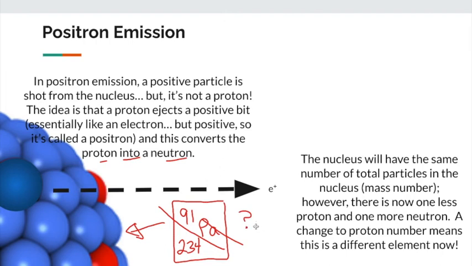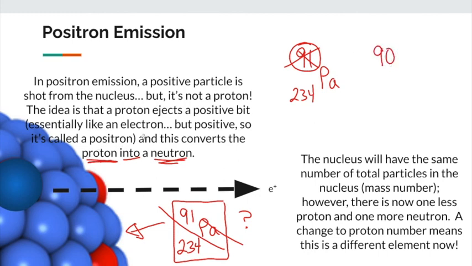What's it going to be? So if we start out with the numbers that we have and say those numbers are going to change. If we convert a proton into a neutron, what's going to happen to the proton number? It's not going to be 91 anymore. We're going to lose a proton, essentially. So this is going to drop to 90.